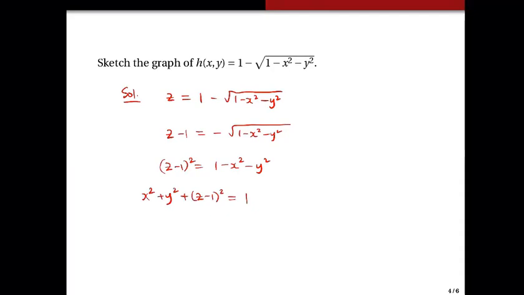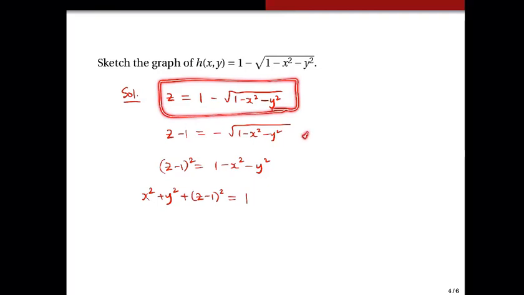This form here, we are familiar with. This is the equation of a sphere of radius 1, centered at the point (0, 0, 1). On the other hand, our original equation is this one here.